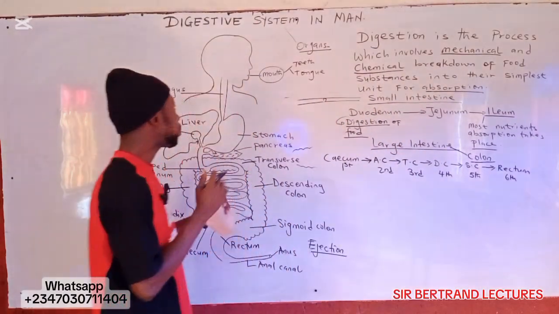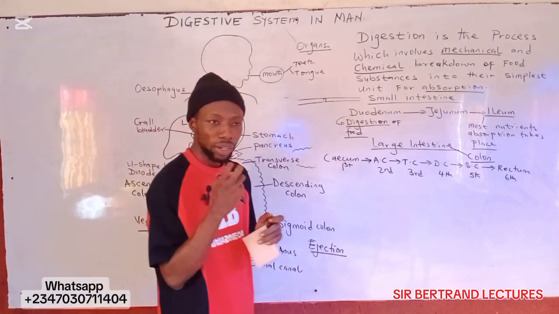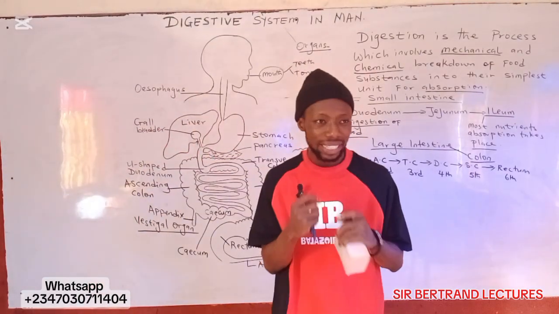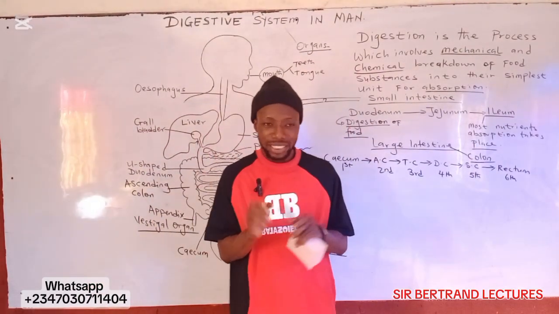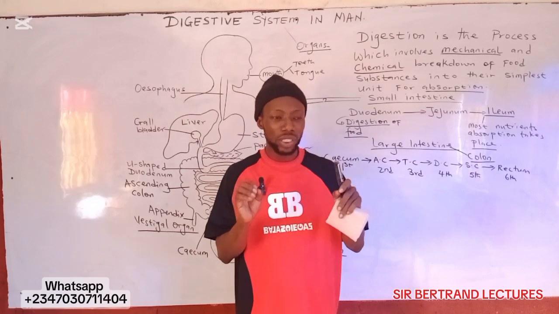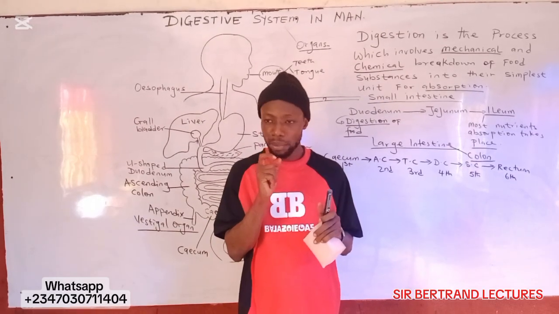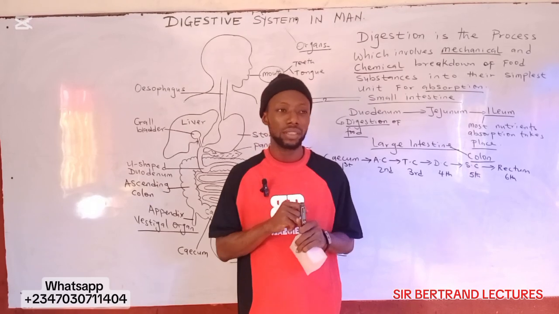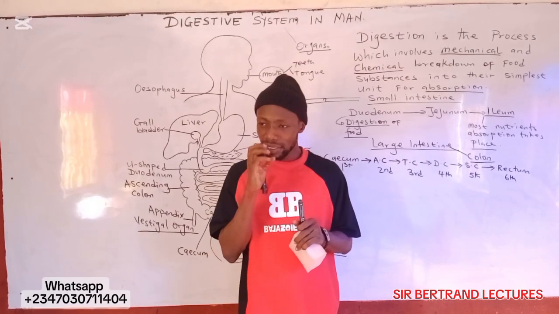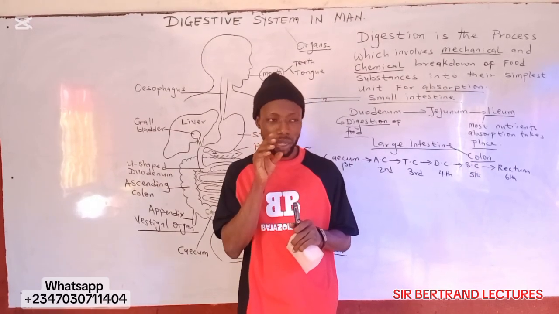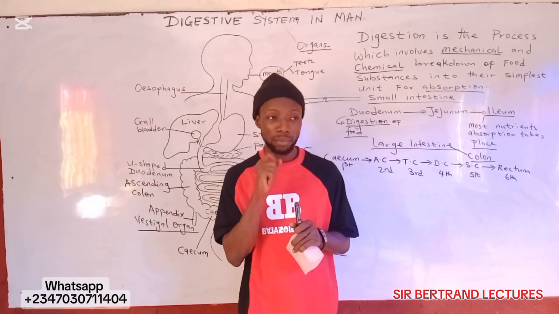In this process, the food's larger molecules are broken down mechanically into smaller pieces, which will be acted upon by digestive enzymes produced in the body. These digestive enzymes are fluid in the mouth.